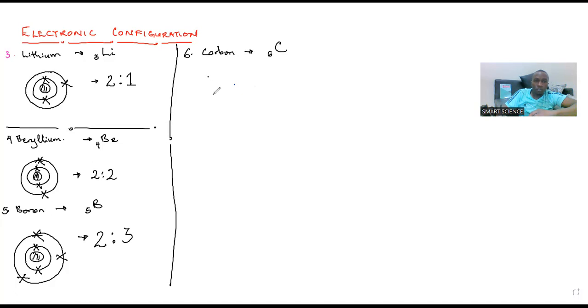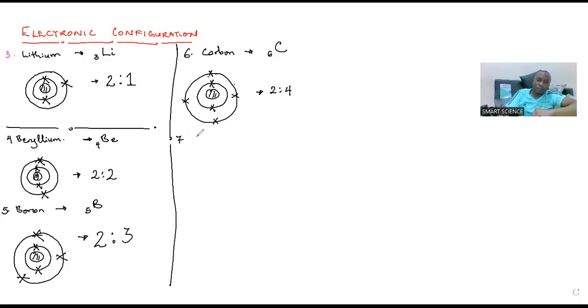So if you draw the structure of carbon, you will find that the first energy level has 2 electrons, but the second energy level will have 4 electrons, the balance on the 6. So we shall have 1, 2, 3, and 4. Therefore, electron configuration will be 2, 4, because the outermost shell has 4 electrons.